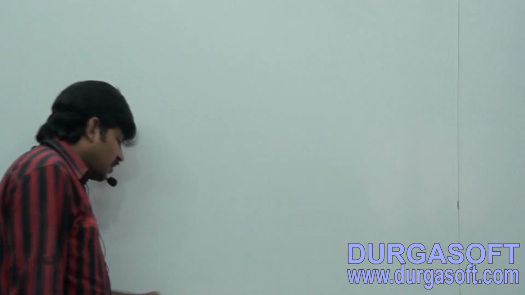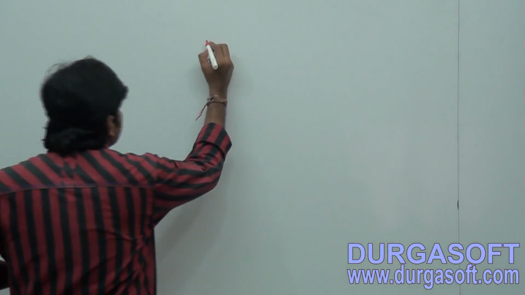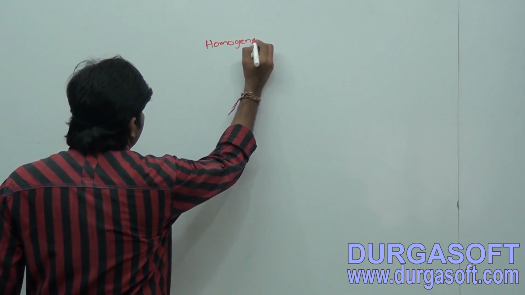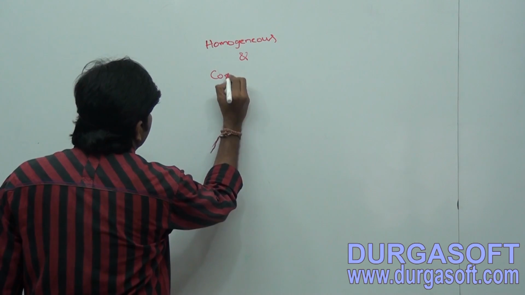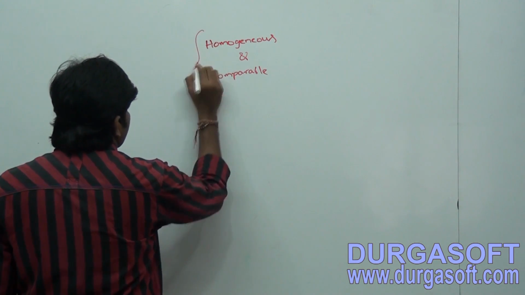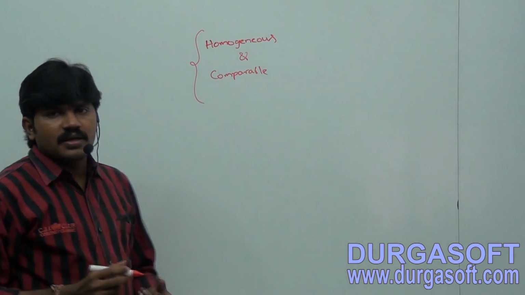If we are depending on default natural sorting order, compulsory the objects should be homogeneous and comparable.